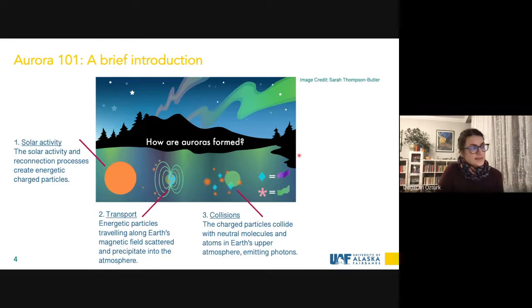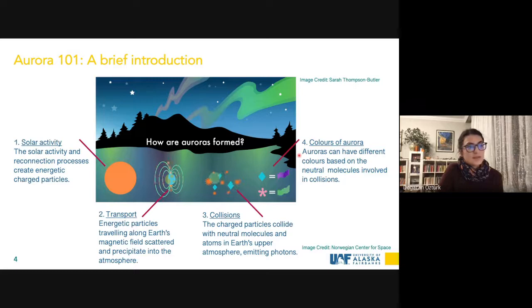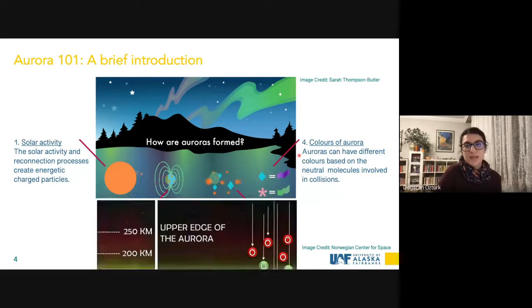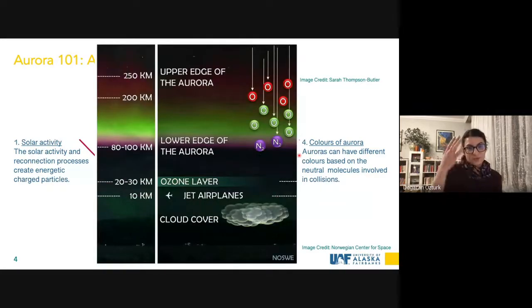When they are precipitating, these charged particles collide with neutral molecules in the Earth's upper atmosphere, which then causes them to emit photons. Based on the altitude range or the constituents they are colliding with, the aurora has different colors. Here is how that altitude variability looks.